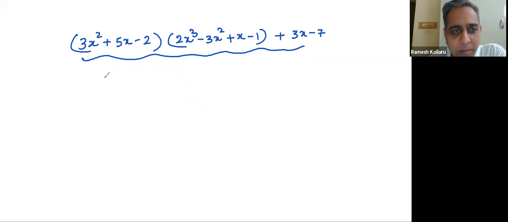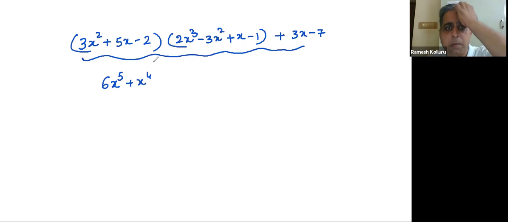So by multiplying, I'm writing the answer directly. 3 2s are 6, x power 5. Then minus 9 plus 10 is 1, so x power 4. And then 3 multiplications, 3 minus 15 minus 4, minus 19 plus 3 is minus 16, x cube.